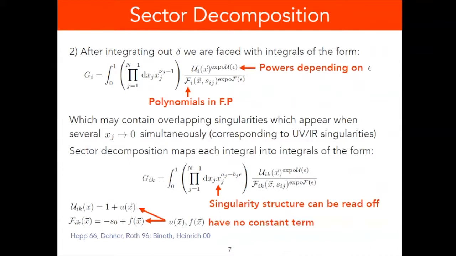Sector decomposition is a procedure which maps each of these integrals into integrals of a very similar form, except that the U and F polynomials are slightly different, such that they have a constant term, and then a polynomial that has no constant term. So these U and F, when the x's go to 0, go to finite numbers, and the singularity can be read off because it's just an overall power of this parameter.